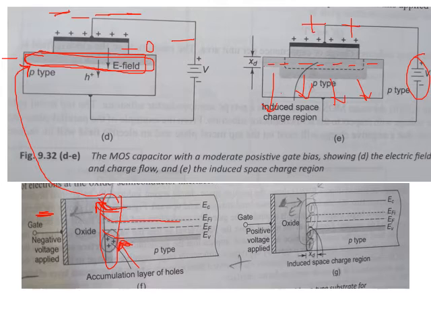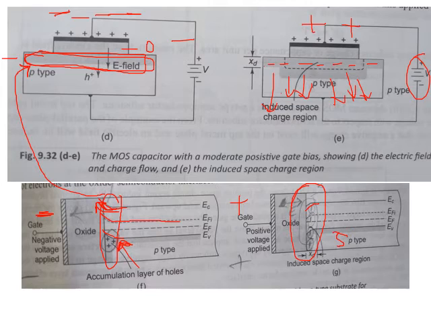So if I do the reverse thing, if I apply positive, what will happen? Holes will be repelled away, as you have said. When holes are repelled away, the band will bend downwards. Why? The concentration of holes is coming down near the oxide. This is the interface; this is oxide, this is semiconductor.